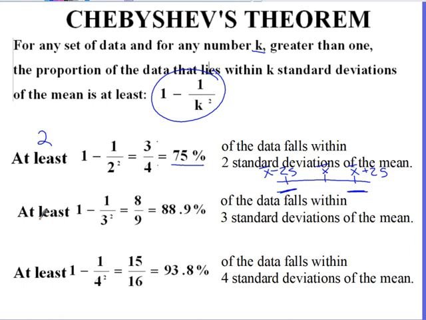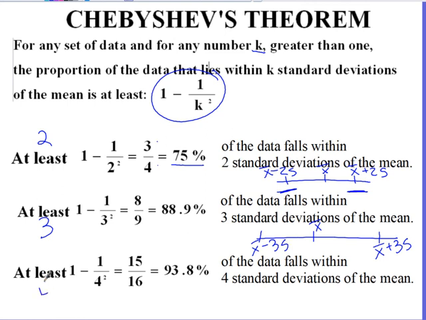If it's at least 3 standard deviations away, now I'm plugging in a 3 for k, and that gives me 8/9 or 88.9% of the data. On my number line, I start with my average, but now I go a little farther, 3 standard deviations away in both directions, and now I've got 2 numbers between which 88.9% of the data should lie.